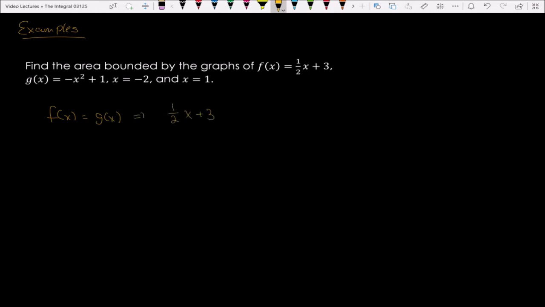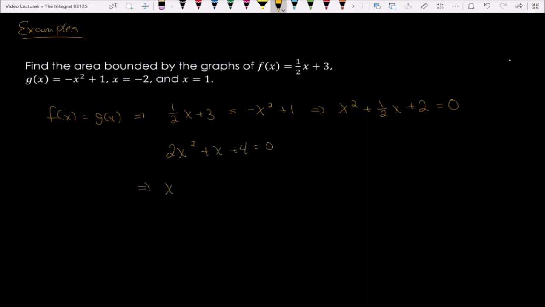So a half x plus 3 is equal to negative x squared plus 1. This means x squared plus a half x plus 2 is equal to 0. Let's multiply everything by 2 first, so we'll have 2x squared plus x plus 4 is equal to 0.